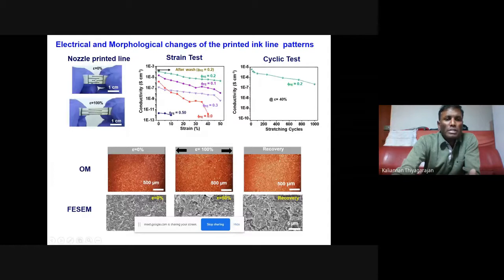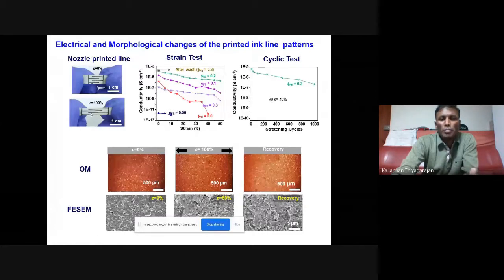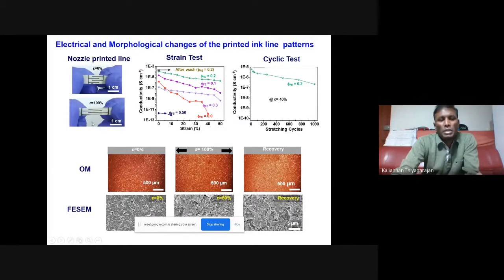These are the devices after printing, before and with stretching. Even with 100% stretching, with the naked eye I could not see any crack formation. So mechanically it was working.